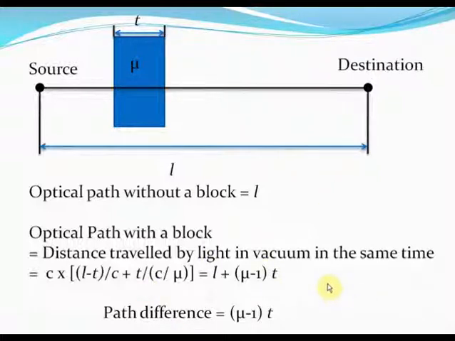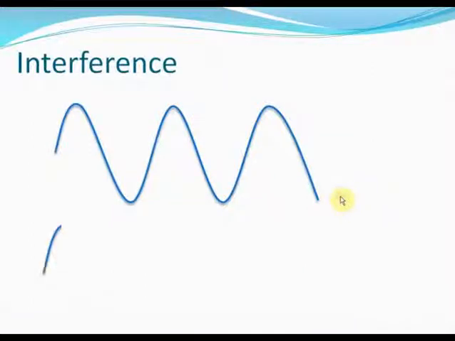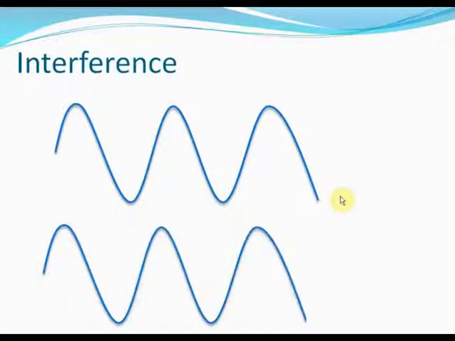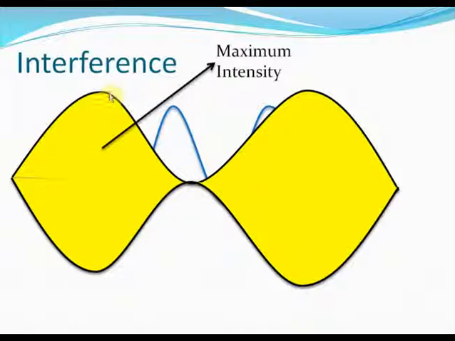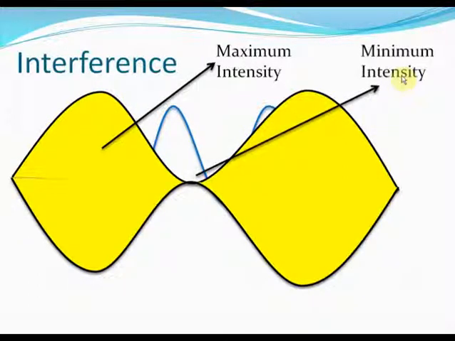We already know that if there is a path difference between two light waves, interference occurs. Remember, we had studied this in the chapter on waves. We had studied that when two waves interfere, maxima and minima are produced. There is one particular point where there's maximum intensity, and one particular point where there's minimum intensity. The yellow portion that you see on your screen represents the variation in amplitude of the waves.